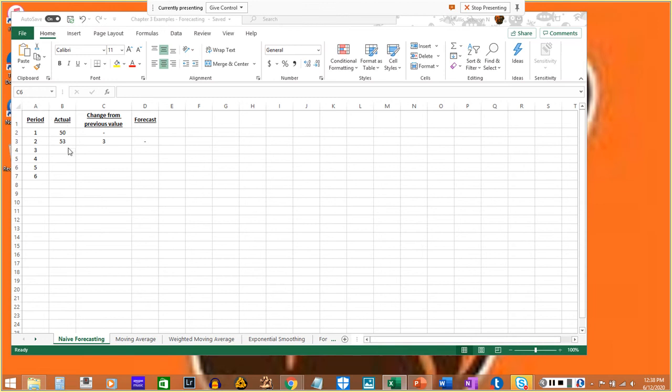You have your actual amount, and then a change from the previous value. So for period 2, the change from period 1 is 53 minus 50, and that equals 3. So that's where that plus 3 came from. And then you have your forecast amount.